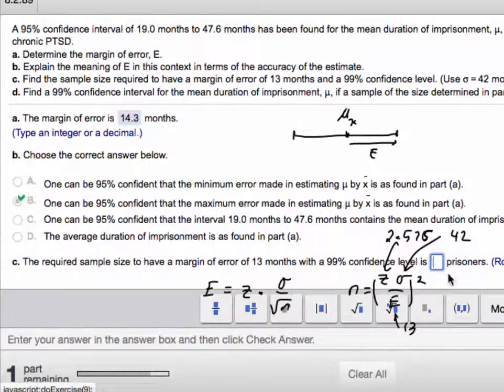Okay. So what do we get when we do all that? 69.21. Okay, so this is a number. So now this is an n value, right? This is how many in the sample. So if it's 69.21, then how many in the sample is it going to be?